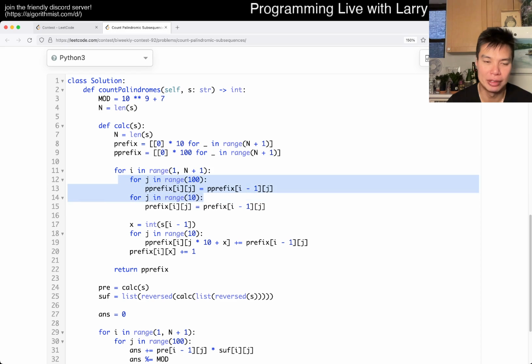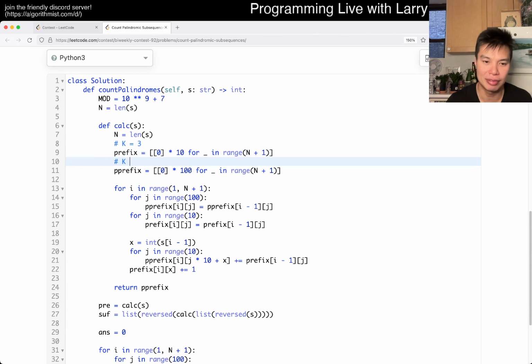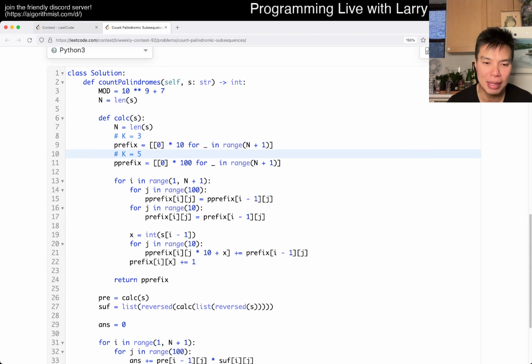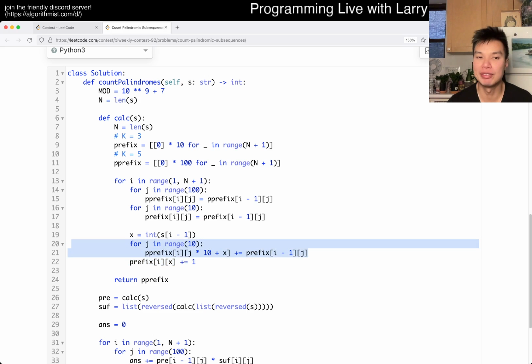This is just to copy the array over, and then after that, let's say we have an x. If x is 5, then this one is k equal to 3, and this is k equal to 5. So we increment by 1, but then here we also brute force the 10 previous digits, right?